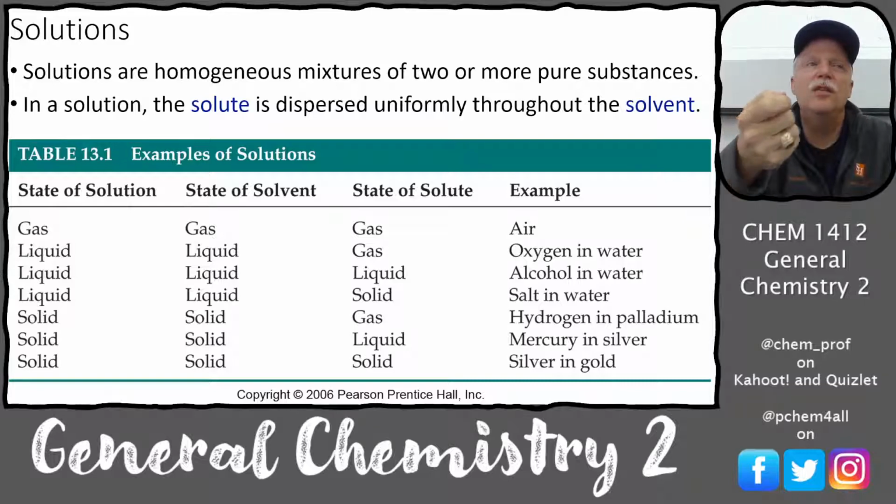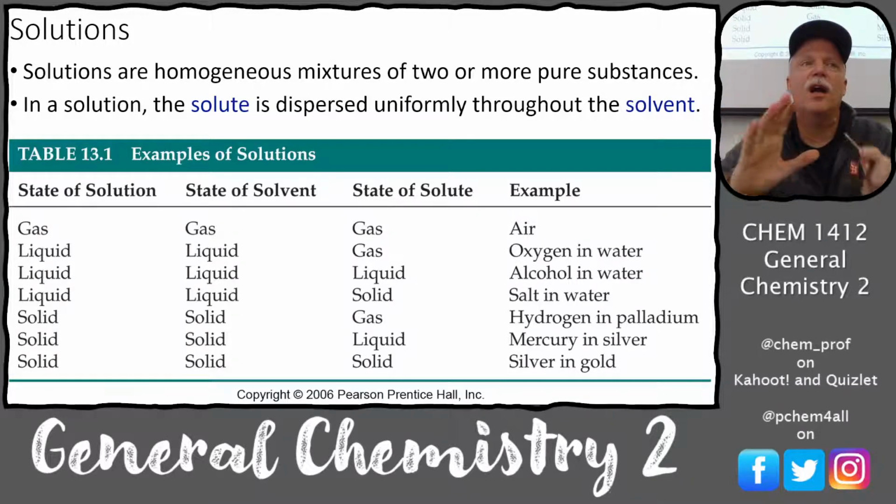Yeah, absolutely. So a compound has fixed composition, like H2O. It's always two H's for every O. That's a compound or a substance. Okay, it's not a mixture of hydrogen and oxygen. It's actually a compound. So solutions have variable concentrations. So write that down.